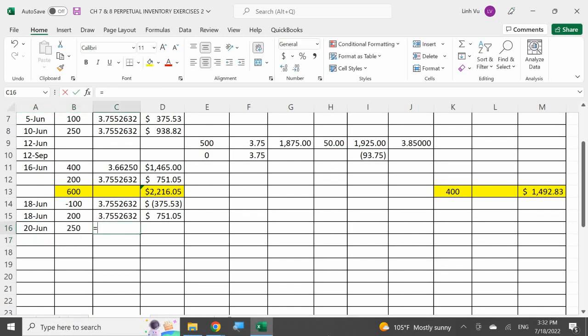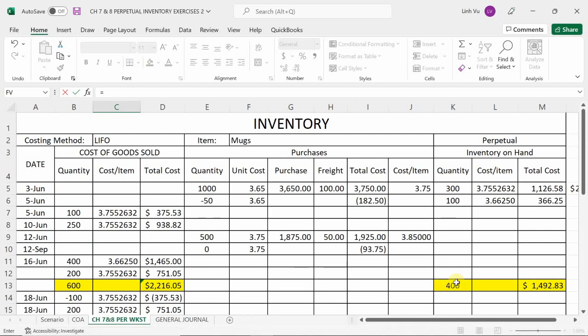Okay? So in this case, right, I have 400 units available, right? 300 in my first batch, and then I have 100 of my extra large coffee mugs right here in my second batch. So in this case, I sold regular coffee mugs. So which batch of inventory am I going to take out from?